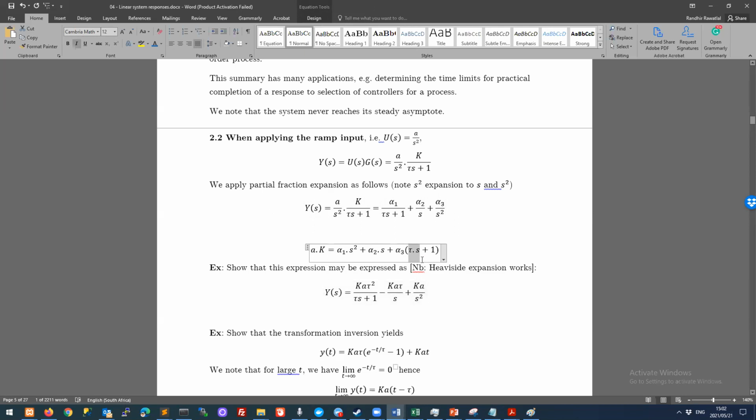And then if you apply s equals minus 1 over tau, this term is going to vanish, and you're going to get alpha 1 plus alpha 2. You'll get a quadratic equals ak. And then you solve that quadratic, and that will give you constants for alpha 1 and alpha 2.